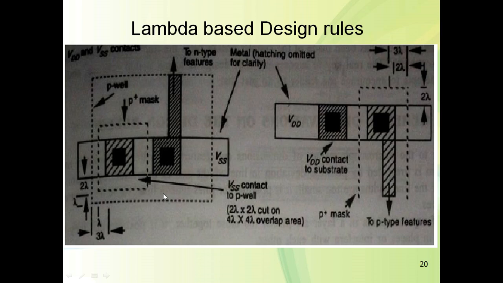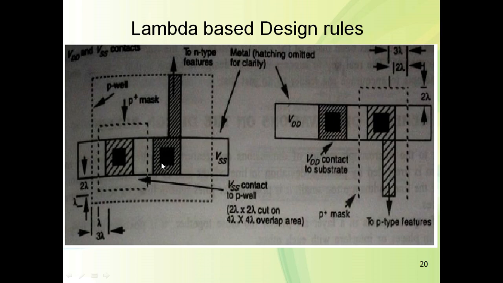So this is your P-well. This is the VSS line. This VSS line is nothing but the metal line, and this is the N diffusion layer.